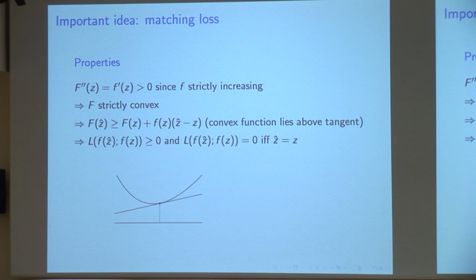That's this picture here. What do we know about convex functions? Here z is the constant and z hat is the variable, so this function of z hat is linear, and that one is nonlinear. The linear function is a supporting hyperplane, strictly below, so we have a strict inequality.